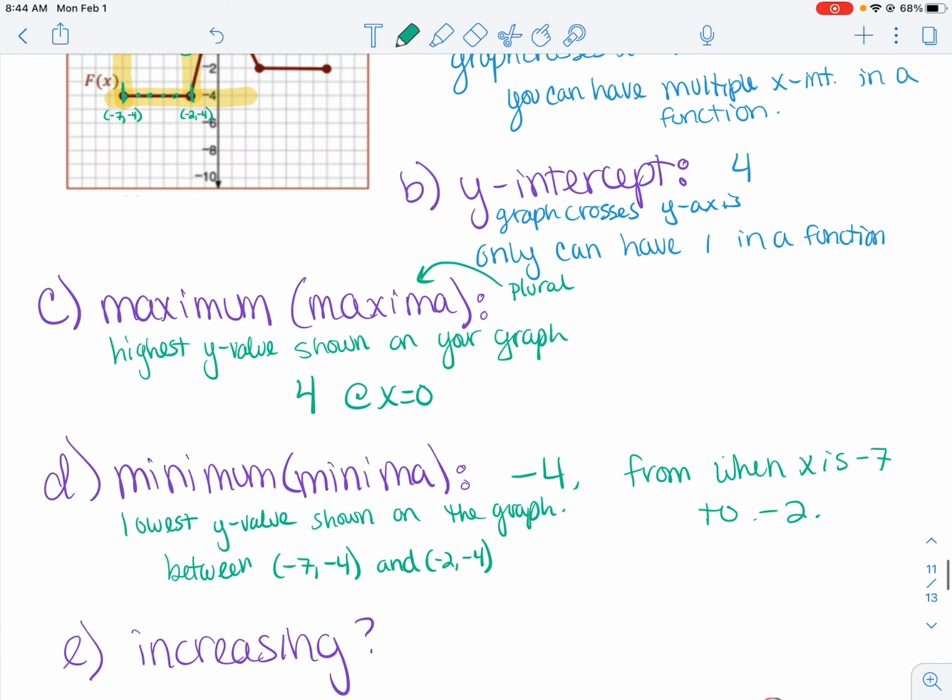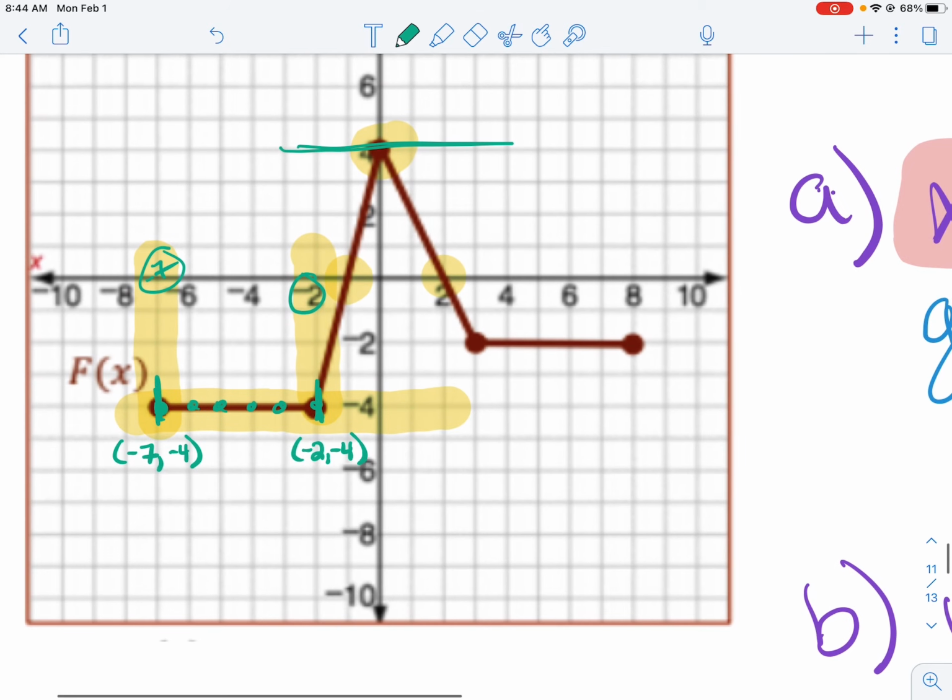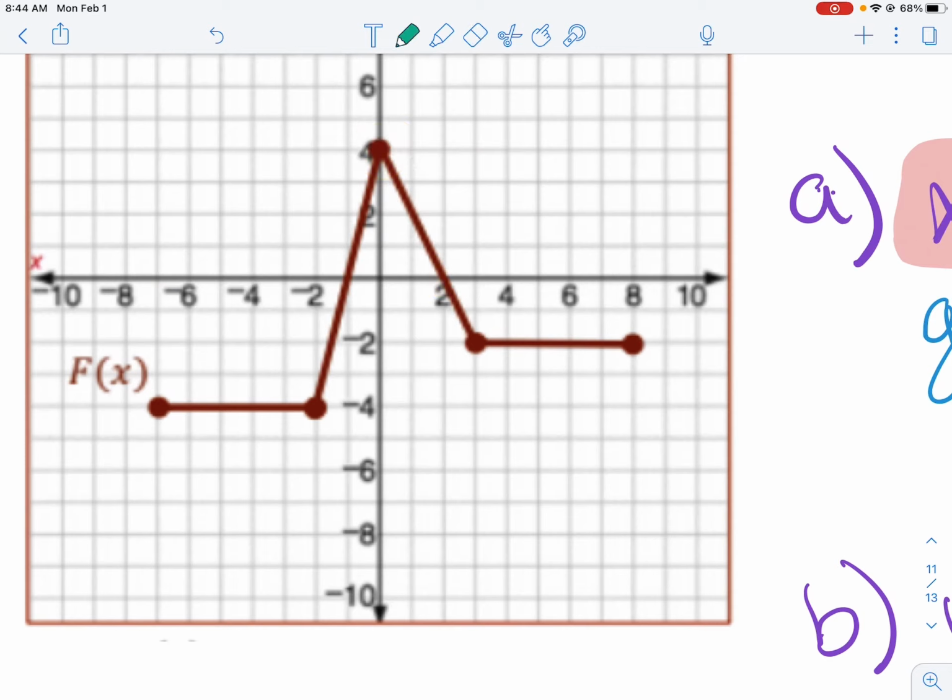Okay, so for increasing, let's look at this graph here. Let me get rid of some of this, all these things we don't need. Okay, so I'm going to start on the left-hand side. As we increase from -7 to -2, nothing happened there, no change, so we'll leave that for a minute. As I get to this point here, though, as my x's are still going forward, my graph is now going up, right? And it goes up to that point there.